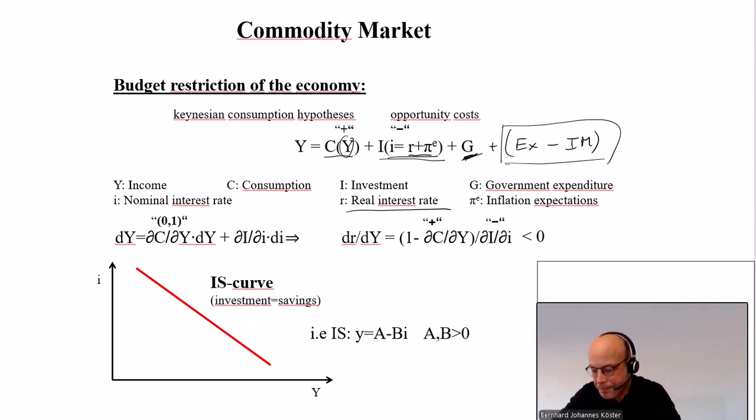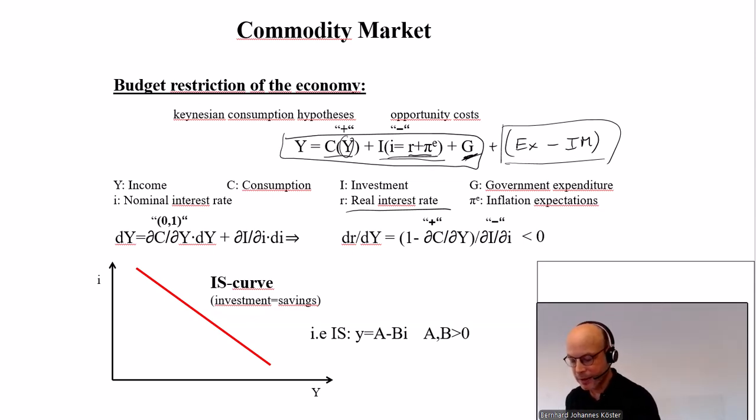Well, and then this means within this equation here, we just have an external variable, which is a given number, government expenditure, and we have some functional dependence between investment and interest rates and consumption and income.